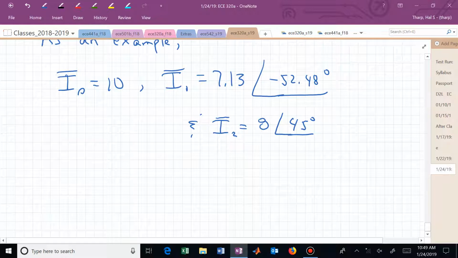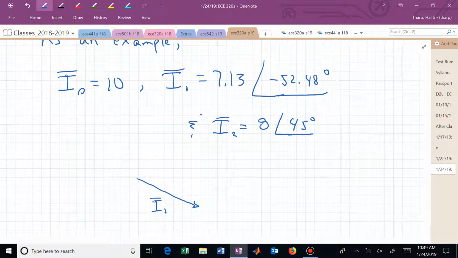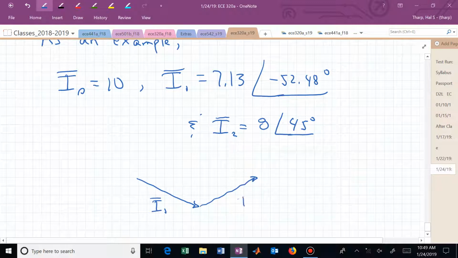If we did it, let me see if I can draw this a little bit. Here is, let's say, I1. That's now a length of 7 at an angle of minus 52.48. Then we have a length of 8 for I sub 2 at an angle of 45 degrees. And adding those head to tail gives us I sub s as a purely real current with no angle.